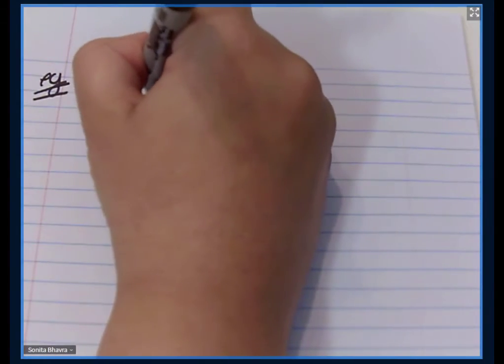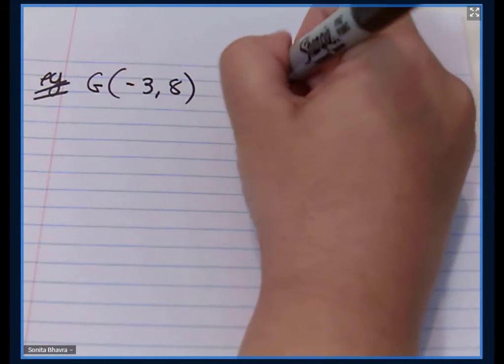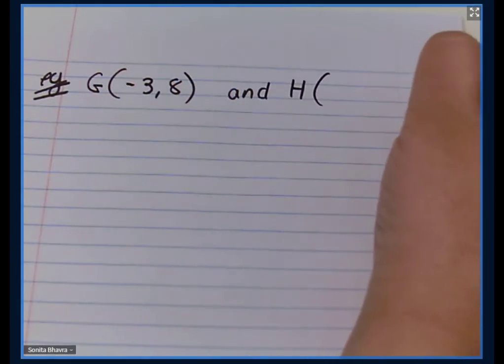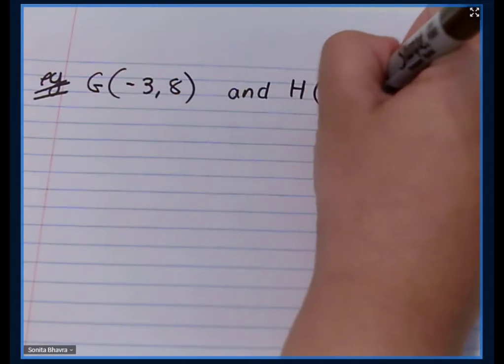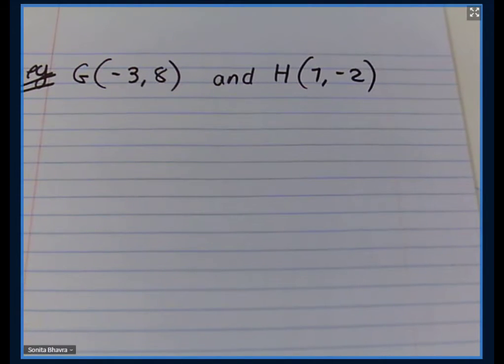Let's say we have to find the slope of a line, and we know it passes through these 2 points. Point G is (-3, 8), and the other point is H, which is (7, -2). Those are the 2 points our line is going through, and we have to figure out the slope.